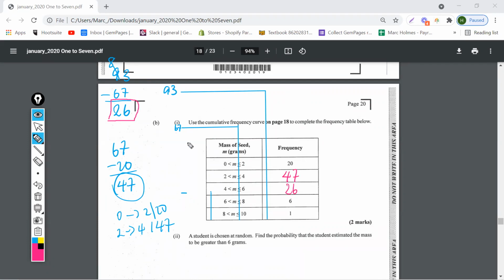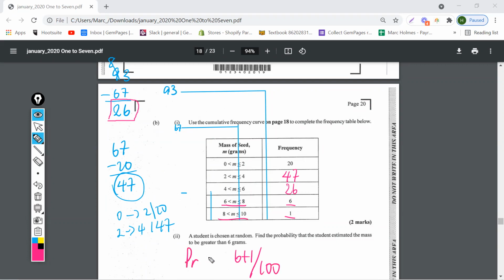All right, cool. So last step now, guys, the last question in this section says, a student is chosen at random. Find the probability that the student estimated the mass to be greater than 6 grams. If you're greater than 6, obviously you're either in the 6 or the 1 realm down here. So 6 plus 1 over the total number of students.